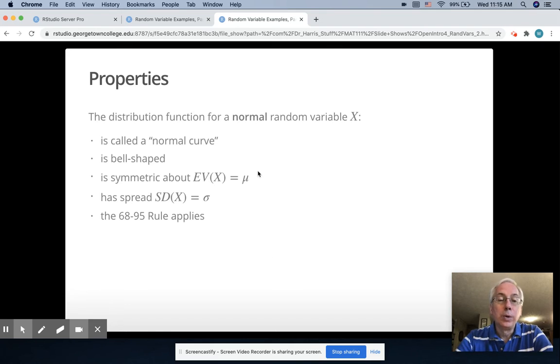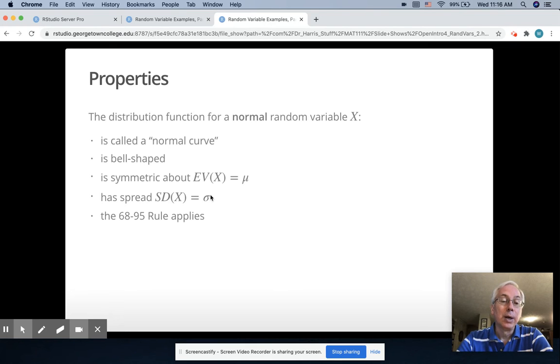So we're going to use the Greek letter lowercase mu to stand for the mean or expected value of a normal random variable. And we're going to use the Greek letter lowercase sigma to stand for the standard deviation. So the mean in a binomial situation was n times p. The standard deviation was the square root of n times p times 1 minus p.